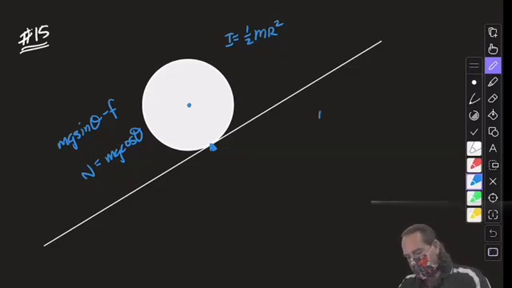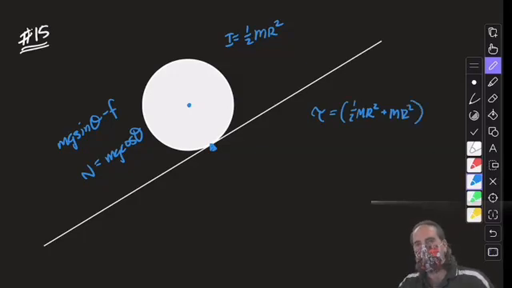So I want to look at the torque about this point and set it equal to I alpha. And I is going to be 1/2 mr squared plus mr squared, because we're going to shift it for the axis that's here, not the center of mass. And that's got to equal A over R. What torque does this?